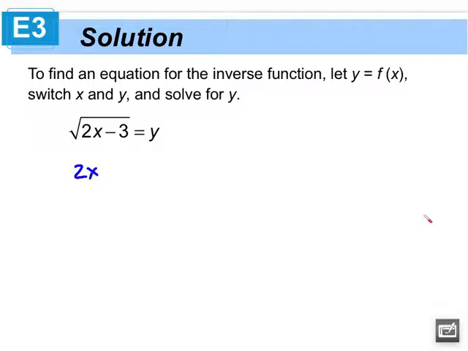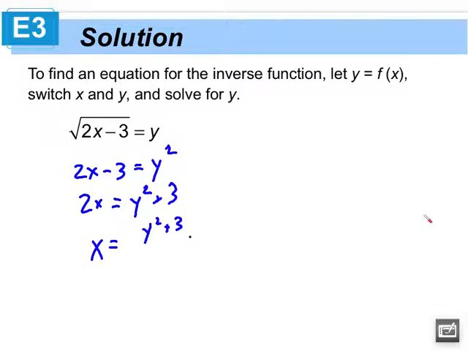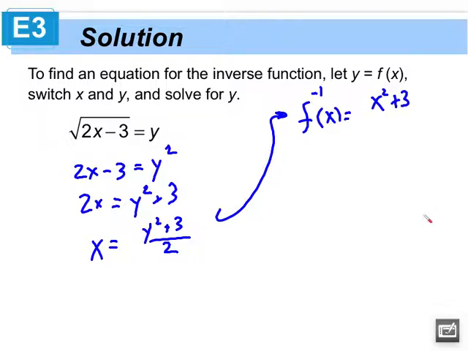Okay. 2x minus y is equal to y squared. 2x is equal to y squared plus 3. Therefore, x is equal to y squared plus 3 over 2. Switch them back, and the inverse of f of x is equal to x squared plus 3 over 2.